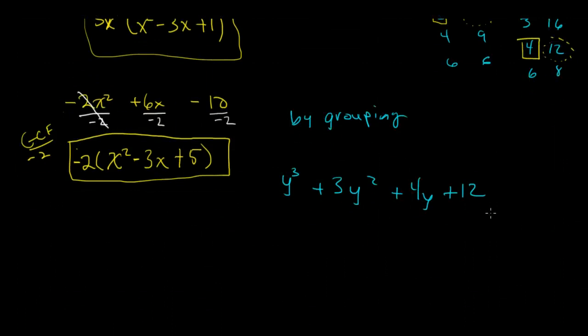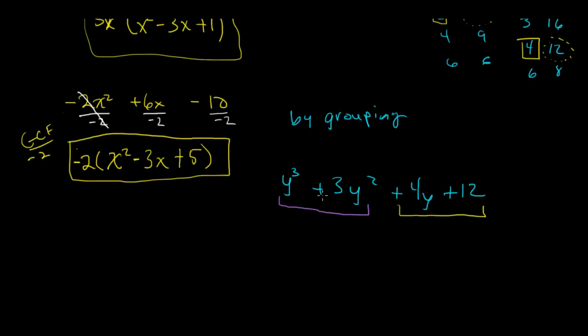If I say that I have 4 terms like this and I want to factor, I can group my terms. Let's take these two, what's the greatest common factor of these two terms, and distinguish it from the greatest common factor of these two terms. And let's see how that works.